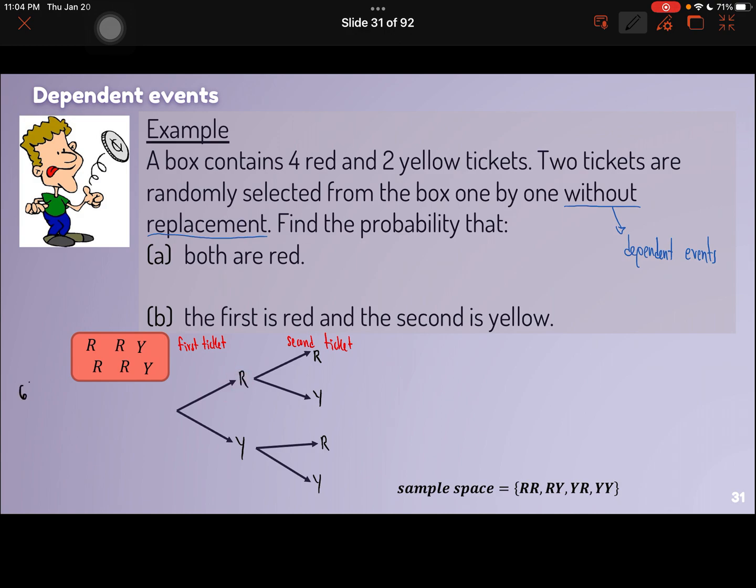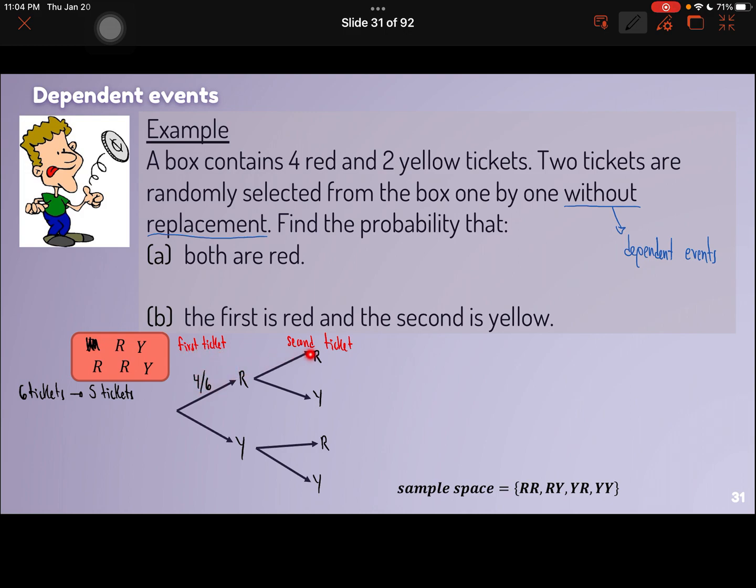If we see, there are 6 tickets at the beginning, we take one red, and after that we are going to have only 5 tickets. So the probability that the first ticket is red is 4 out of 6. We had 6, 4 of them were red, so that's why we have this probability for the first ticket.